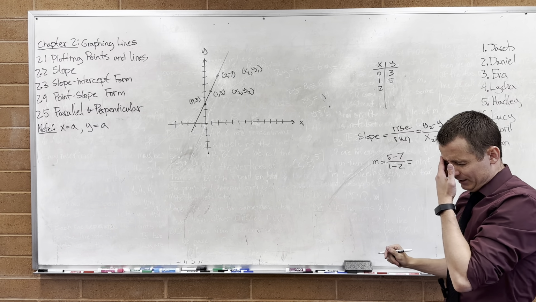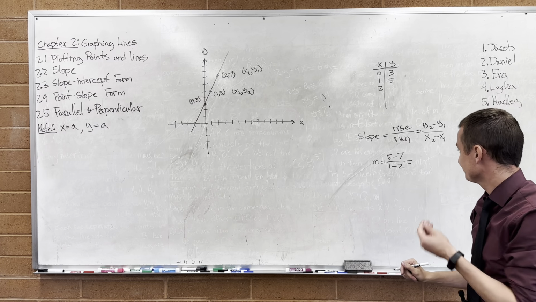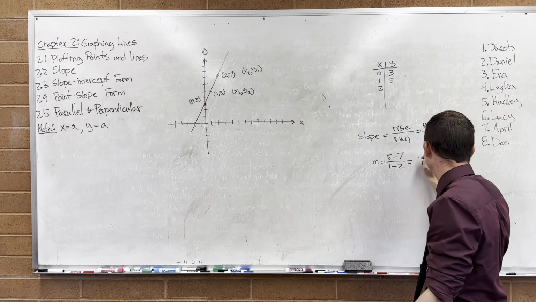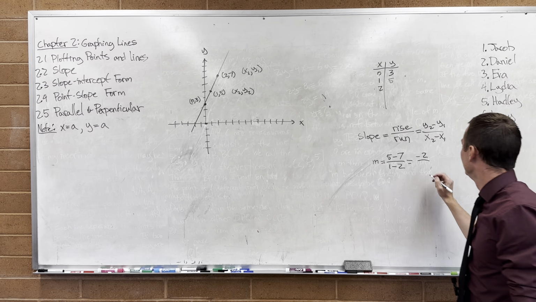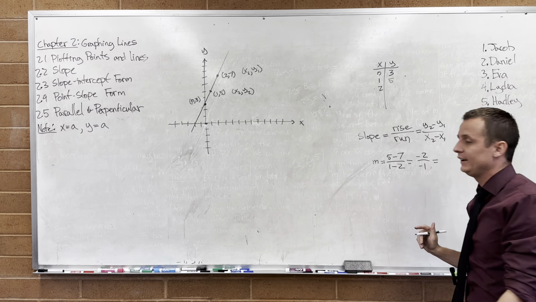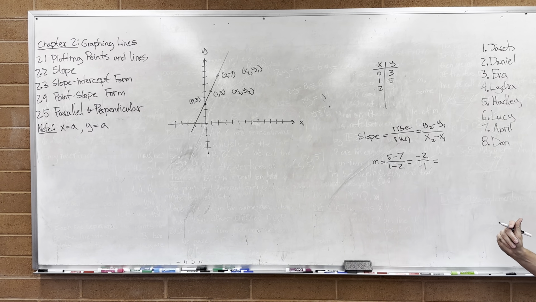Negative 2. Sorry, negative 2. And 1 minus 2 is? Negative 1. Negative 2 divided by negative 1 is just? Positive 2. Yes. A negative divided by a negative is positive. So the slope is 2.